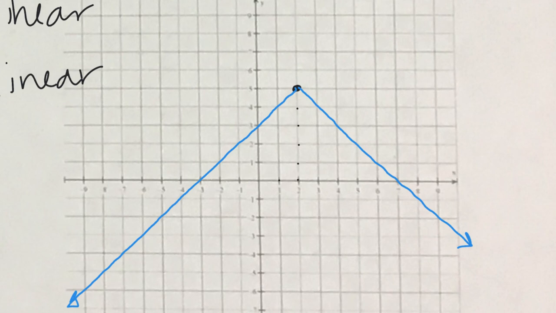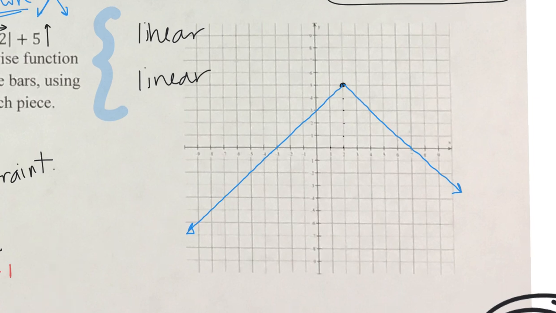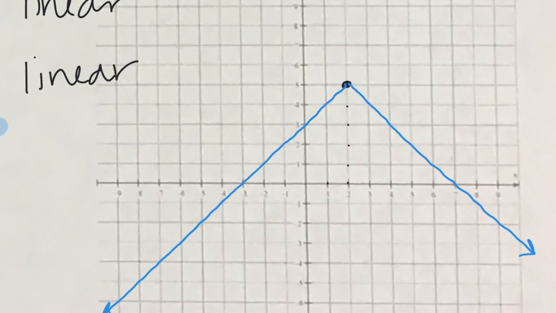Now let's see. This slope here is a positive 1 slope, and it crosses your y-axis at positive 3, which is exactly the equation that we wrote. Positive 1 slope crosses at 3. This was an equation of x plus 3. And this side was an equation of negative x plus 7.